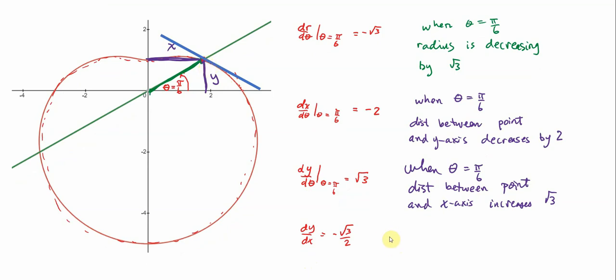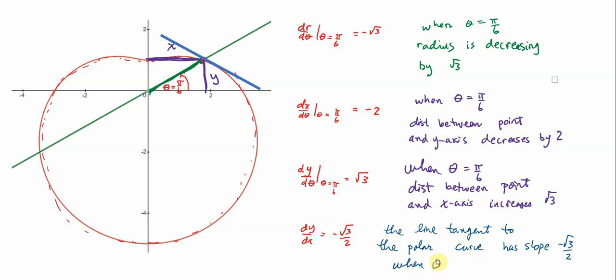So the line tangent to the polar curve has slope negative root 3 over 2 when theta equals pi over 6, right at this point.